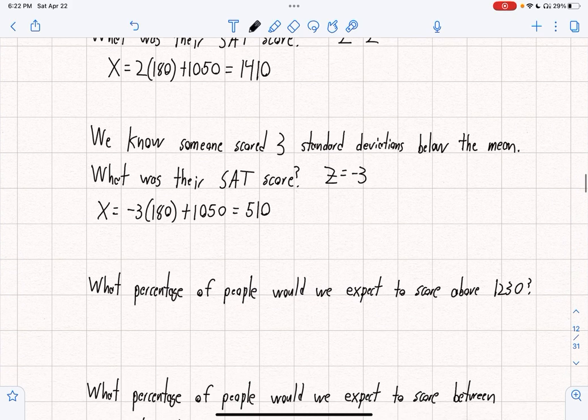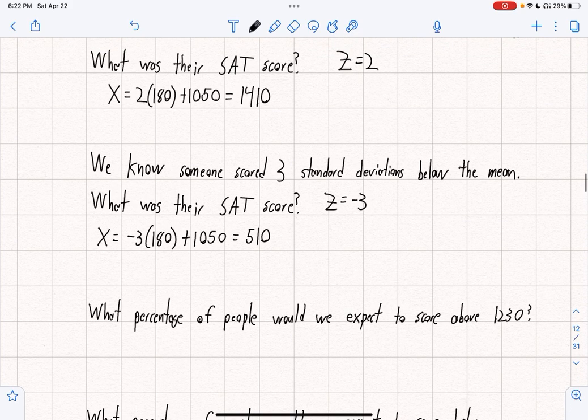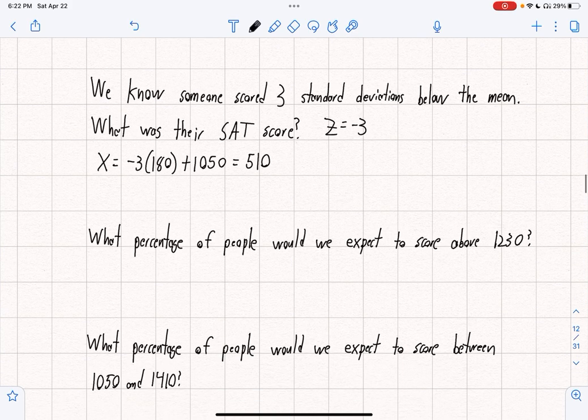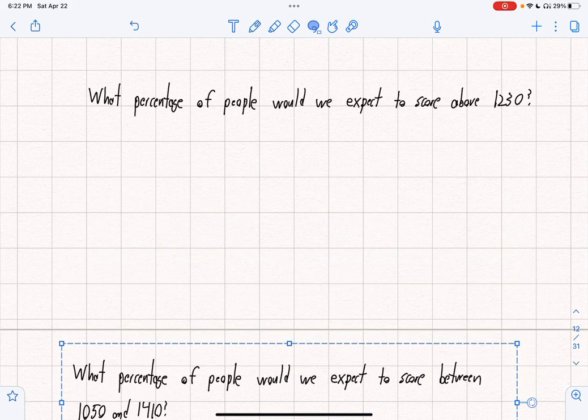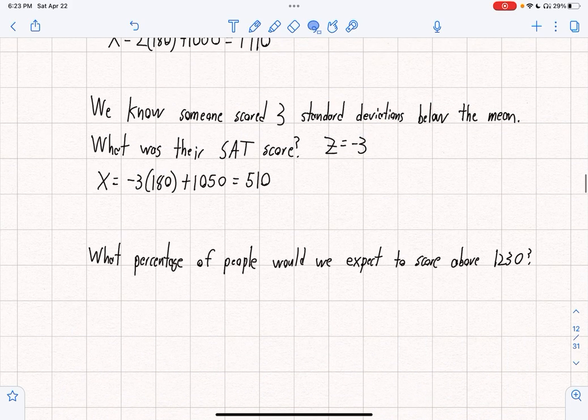What percentage of people would we expect to score above 1230? Okay, let me give ourselves a little bit of room here. What percentage of people would we expect to score above 1230? So this is actually going in the usual direction where we say z is equal to x minus mu over sigma.